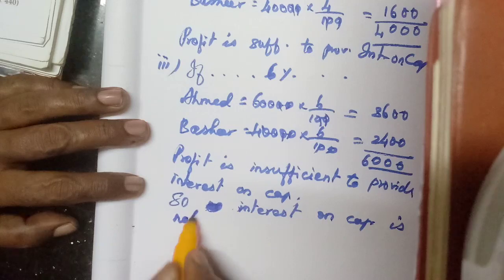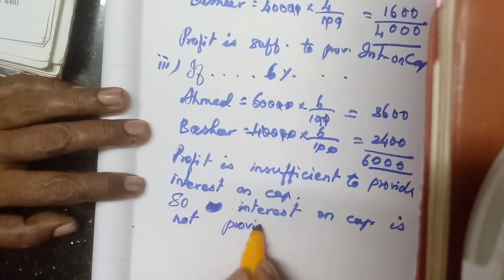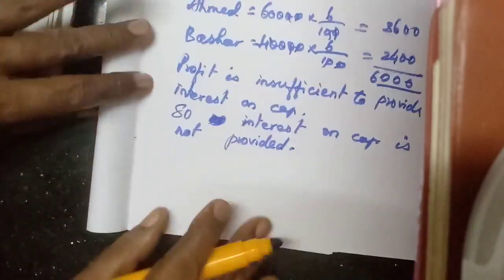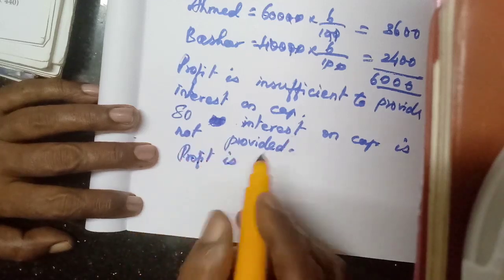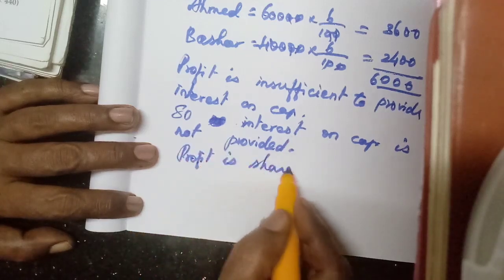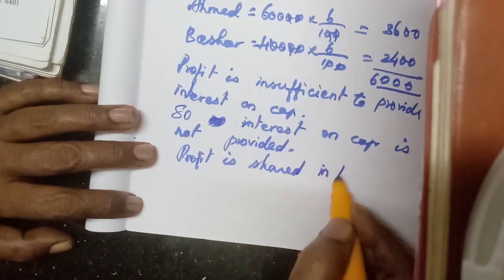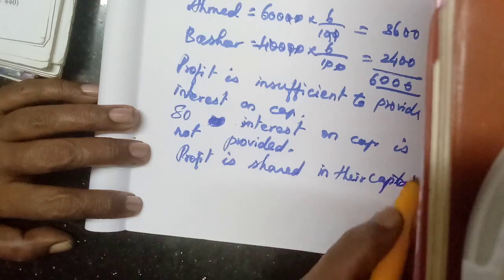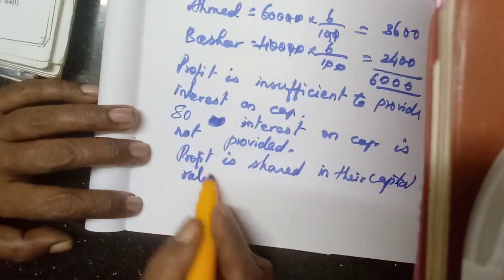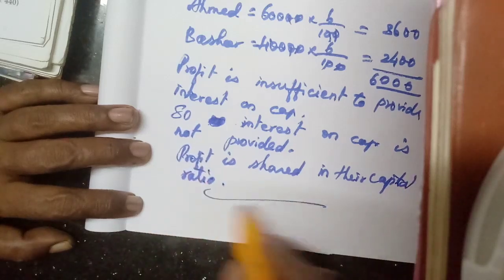Profit is shared. How much? 5,000. Is shared in their capital ratio. That's the answer. We have completed.